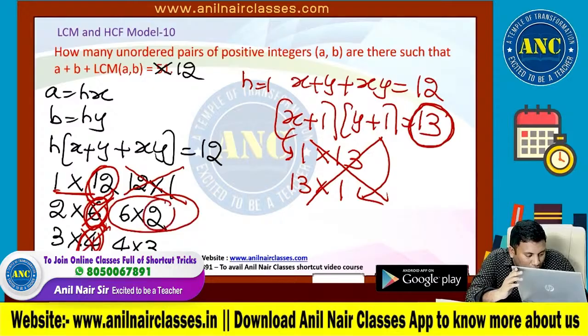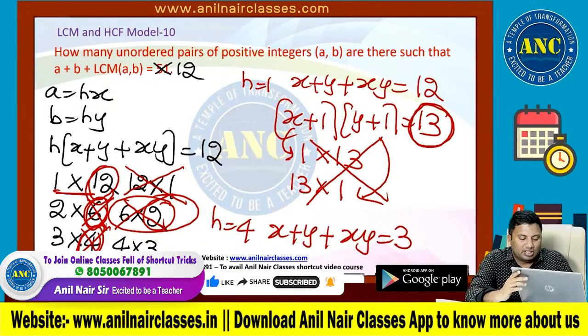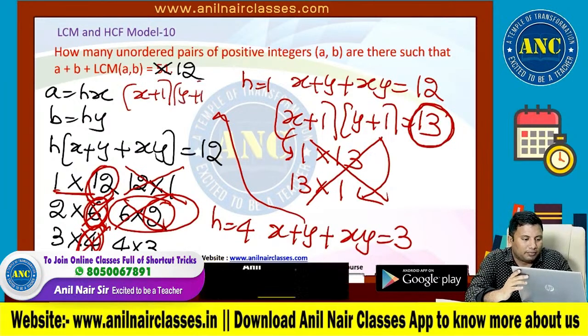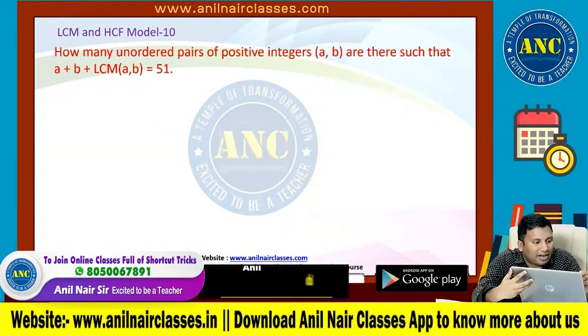If it is 2, if I am adding 1, both the cases are cancelled. This case, slowly you can do it a little later. x plus y plus xy is 3. This will become x plus 1 into y plus 1 is 4. 4 will give you only 2 into. Forget about this question.